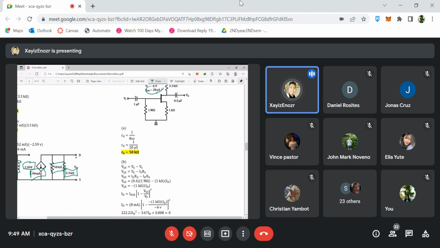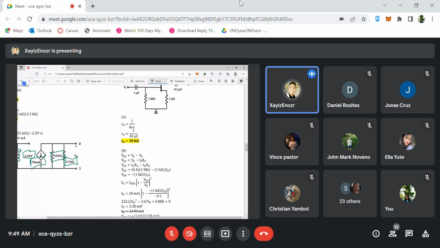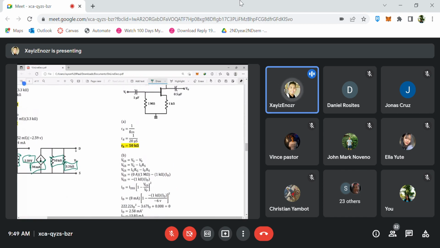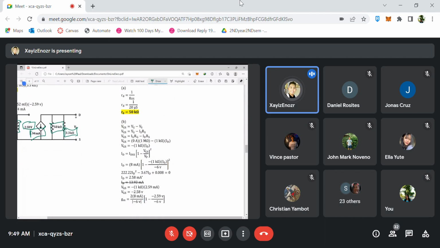Next, we have to find our VGS using AC analysis. In AC analysis, you know this already, we have studied it. So VG minus VS. Since it is a double subscript, VG minus VS, then VS is equal to the voltage drop at our source terminal, which is ISRS.